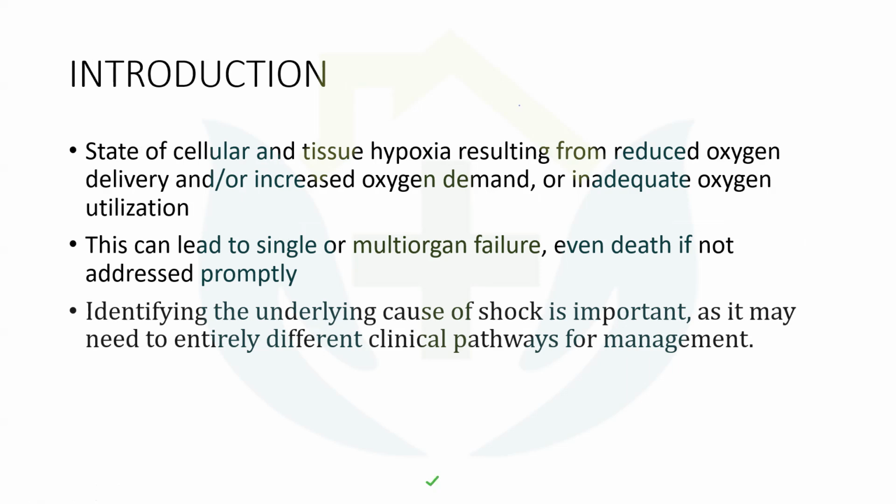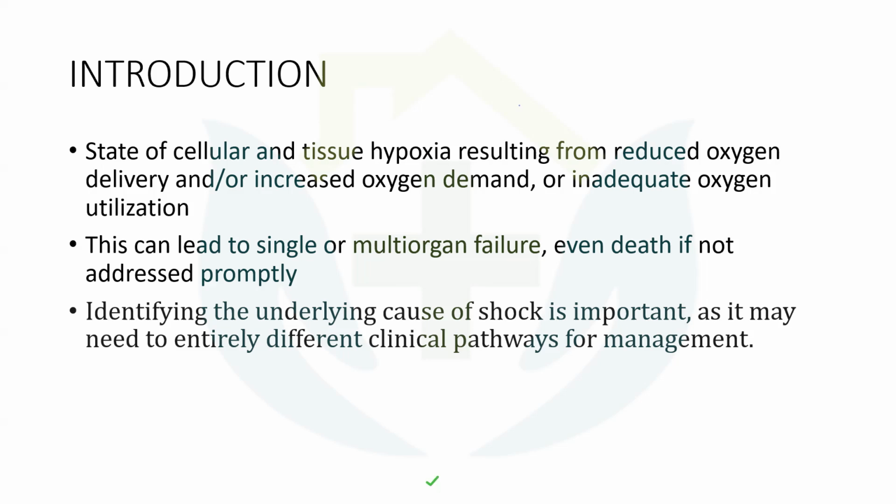So reduced oxygen delivery is either due to low cardiac output, like in cardiogenic shock, or due to low hemoglobin, like in hemorrhagic shock, or inadequate oxygen utilization, which happens in septic shock. This hypoperfusion state leads to single or multi-organ failure, even death, if not addressed properly.